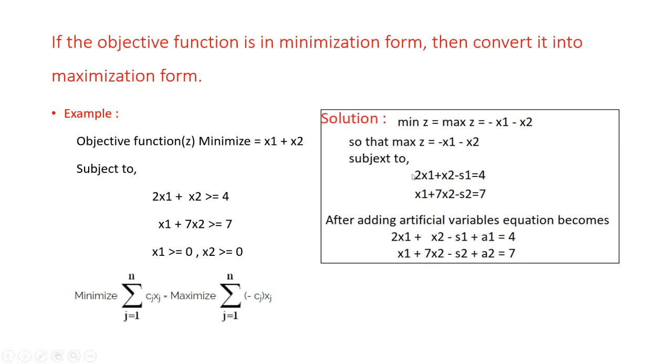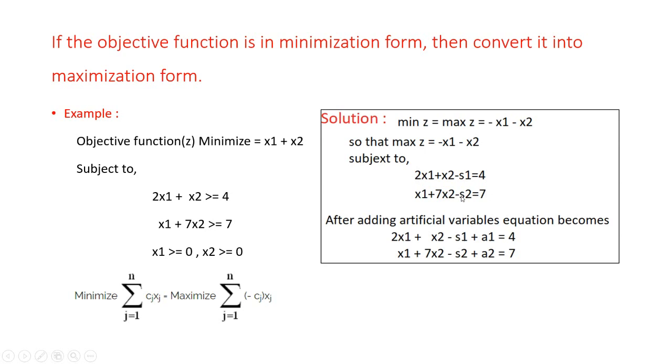So the first equation becomes 2x1 plus x2 minus s1 equal to 4, and the second equation is x1 plus 7x2 minus s2 equal to 7. Here we use the surplus variables for the equality of both the LHS and RHS.